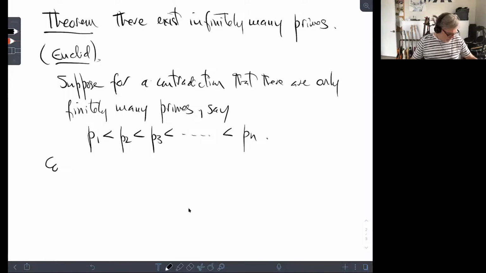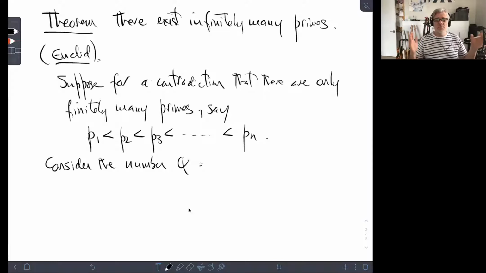The trick is to consider a number, let's call it big Q, which is: you take all these prime numbers, multiply them together, and add 1.